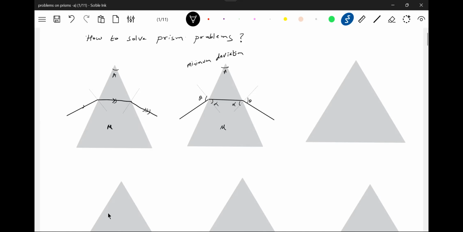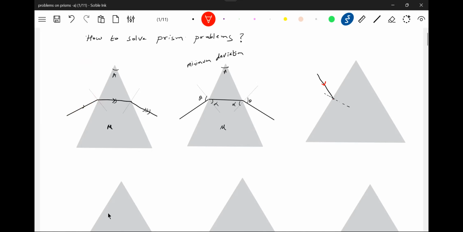Okay, now here the ray is incident. I'll draw a rough diagram. There's an incident ray. It can come any way, no? The ray need not always be like this. The ray may come like this here. So this is the normal.